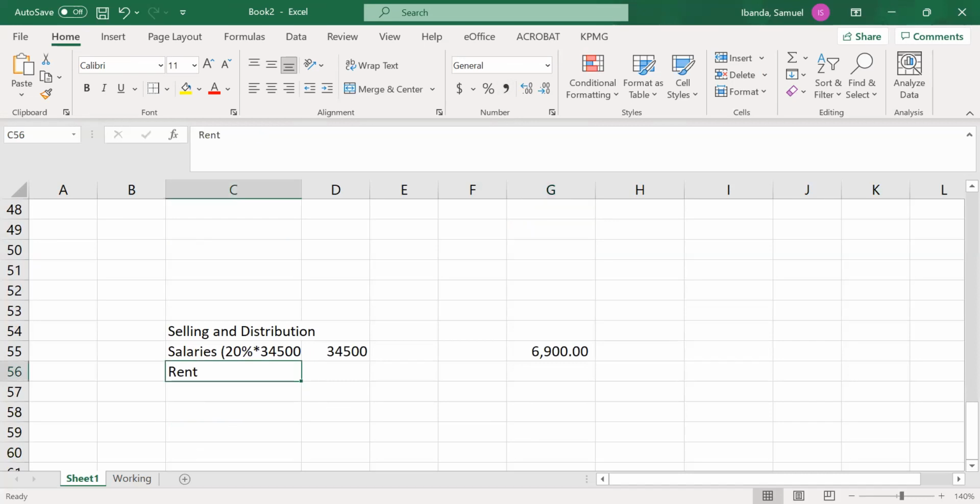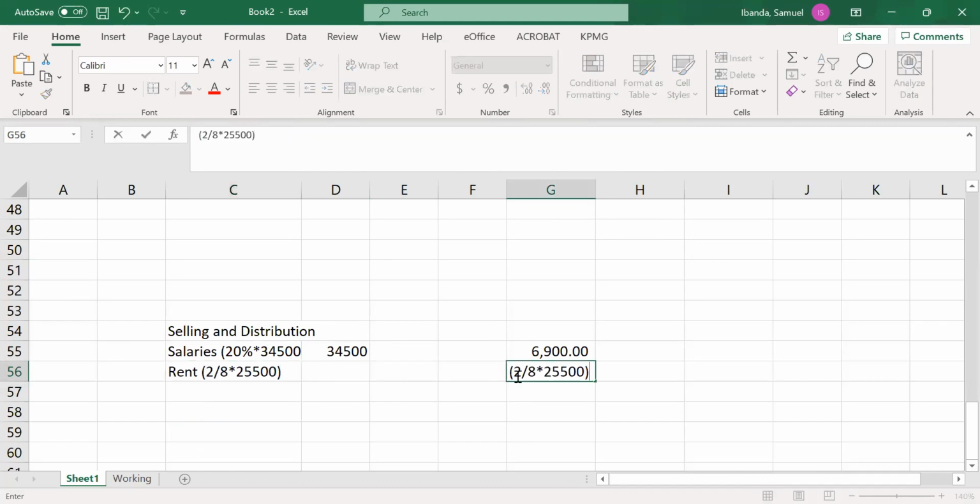Then I'll just get the rent for here. Now the rent for here, remember it is 2/8, still times 25,500. That is what I have. To get the exact figure on your calculator, just bring it here, add the equal sign.